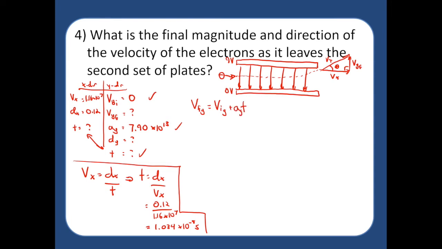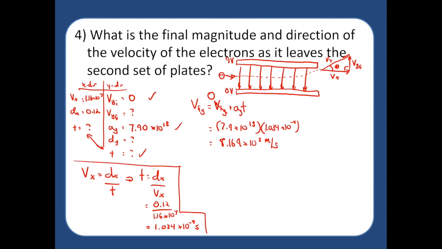We know that these are in the y direction, and we know that the initial velocity in the y is equal to 0, which means my final velocity in the y is simply equal to our acceleration, which is 7.9 times 10 to the 13 meters per second squared, times the time that I just calculated, which is 1.034 times 10 to the minus 8. And this gives us an answer of 8.169 times 10 to the 5 meters per second.